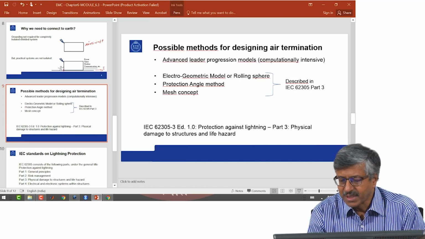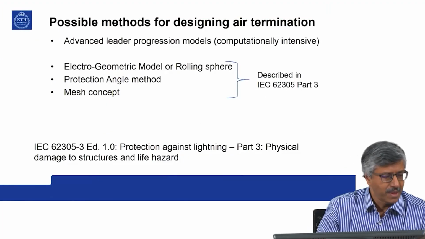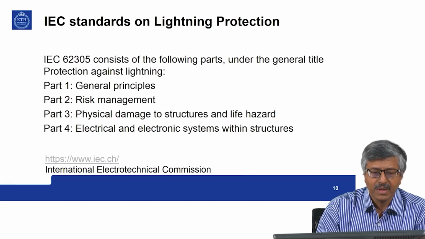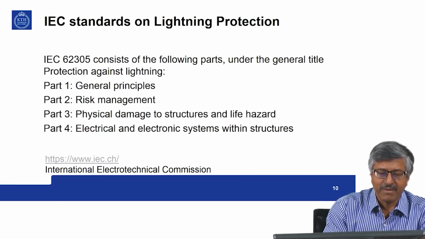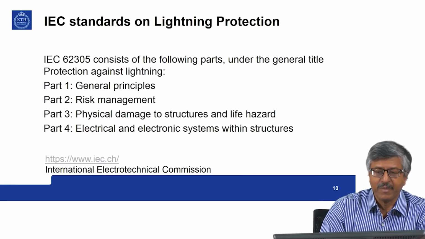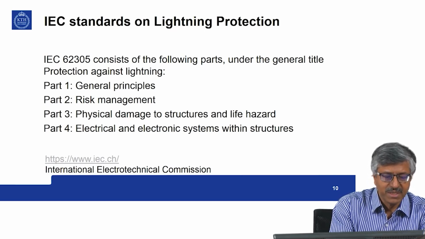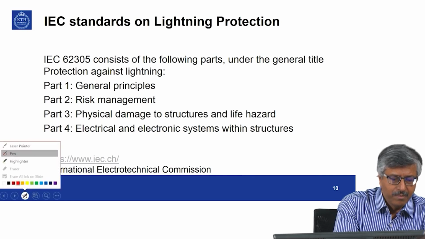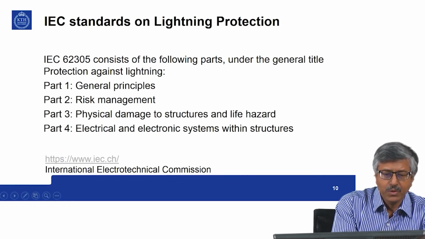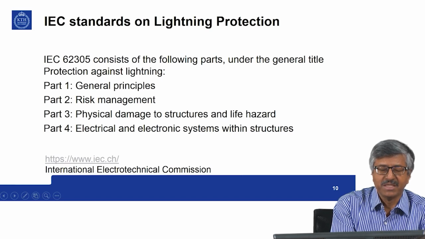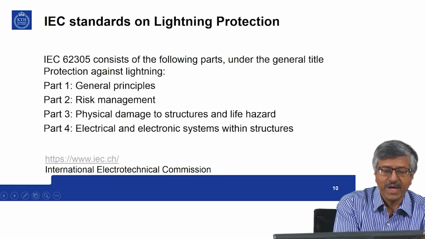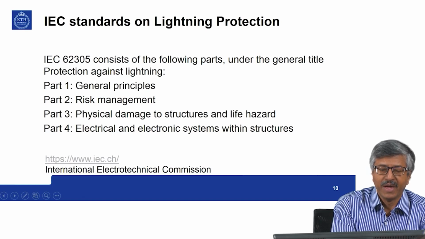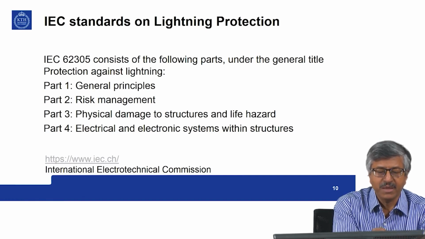Now, coming back to this, these are the basic standards available, one of the most reliable sources of information regarding lightning protection. Part 1 gives general principles. Part 2 covers risk assessment or risk management, whether you need to have lightning protection or not, and how good that lightning protection has to be.